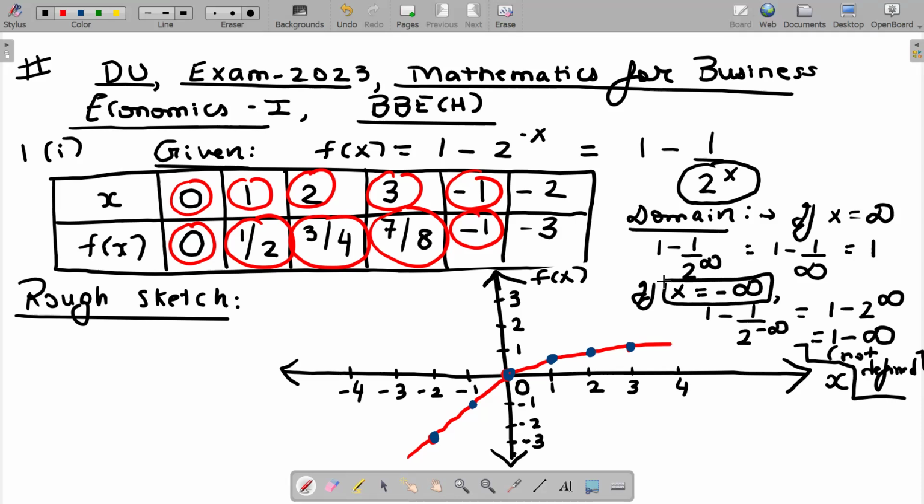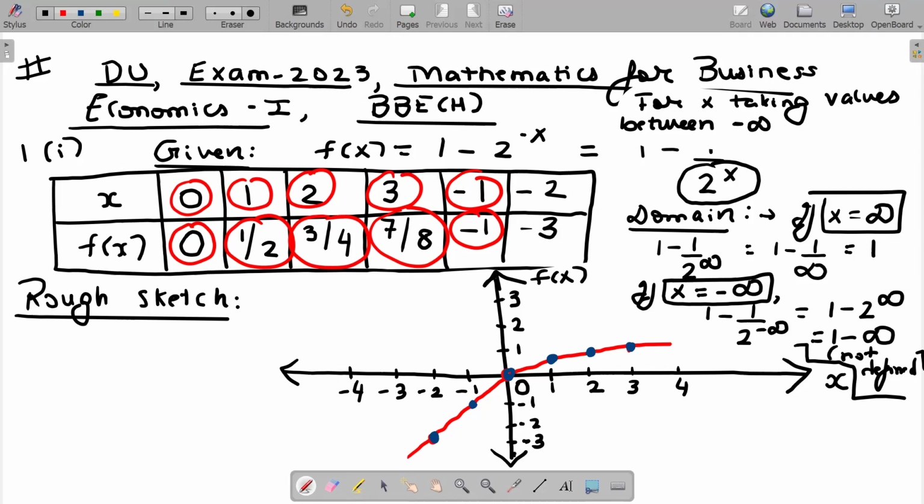I'm repeating it again. Between infinity and minus infinity, you take any number, your function f of x is defined. So I can write that for x taking values between minus infinity and plus infinity, f of x is well defined.